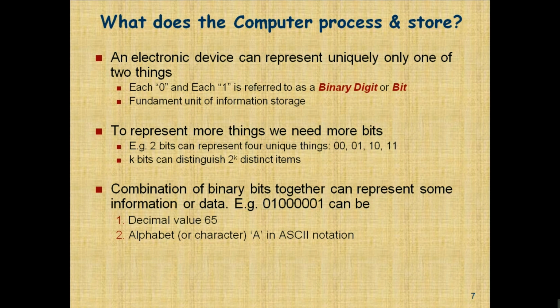So indirectly we can say that the character or alphabet A is 65 in ASCII notation. What is the decimal value of A in ASCII notation? Which is 65. Okay, fine.